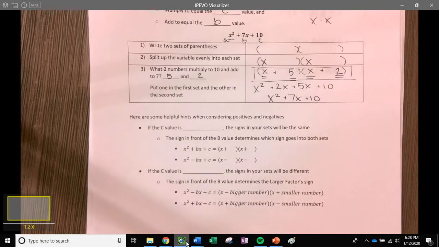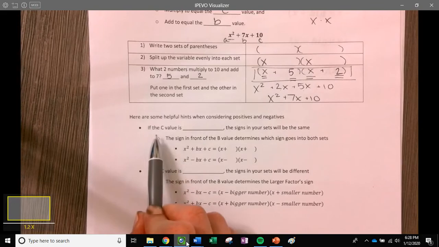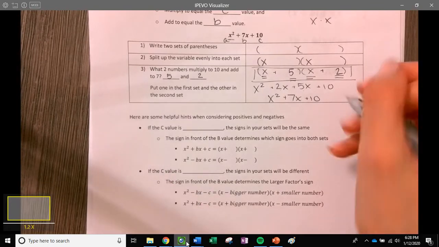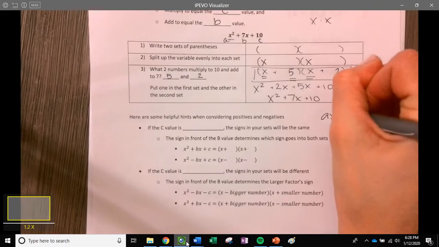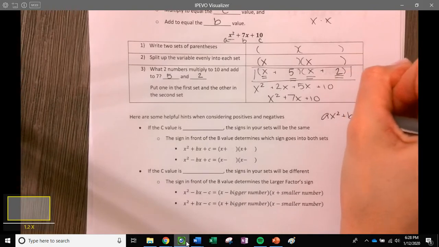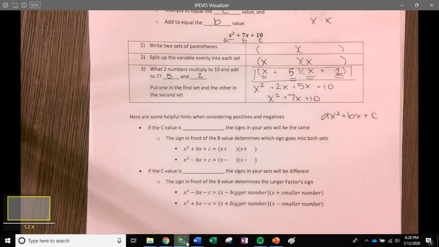Okay, so if the C value, I'm going to write this again down here. Short of getting it tattooed on your body, you must commit this to memory however you see fit, okay?